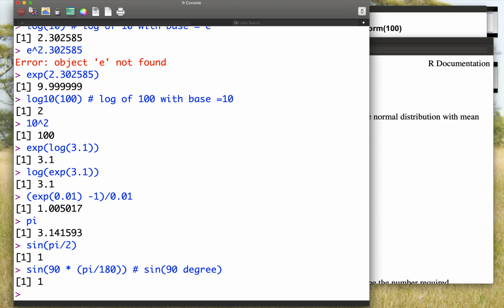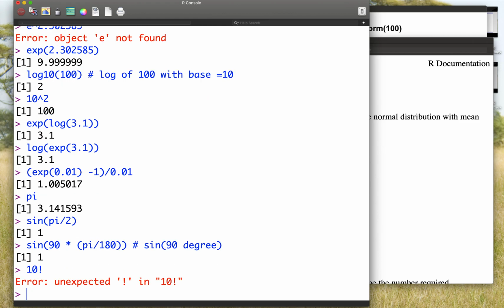And how about factorial? Sometimes in probability, they use many factorial symbols. So we want to get, for example, 10 factorial, but this symbol actually doesn't work. Usually the exclamation mark is reserved for not.